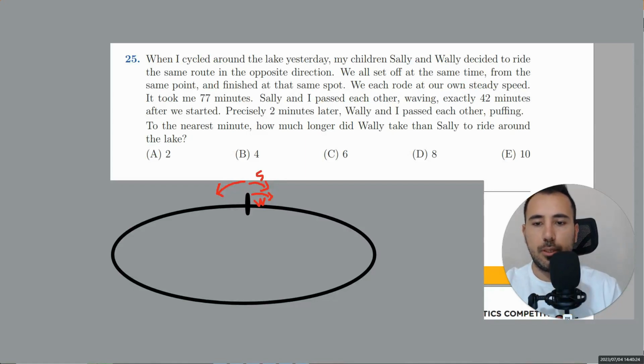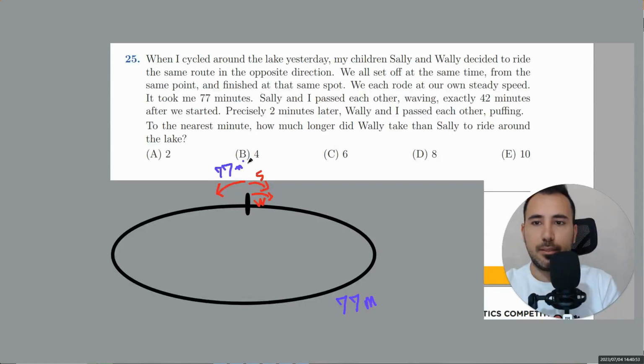Some people would just call this S, for example, the total distance, or you could call it D. I would make it as easy as possible. I call this 77 meters, right? And it took the parent 77 minutes to go like this.